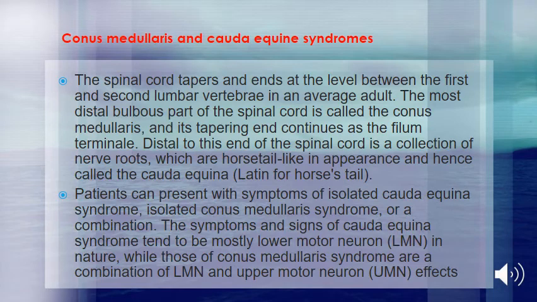A patient can present with signs and symptoms of isolated cauda equina syndrome, isolated conus medullaris syndrome, or a combination. You must know that the symptoms and signs of cauda equina syndrome tend to be mostly lower motor in nature, while those of conus medullaris syndrome are a combination of lower motor neuron and upper motor neuron lesion signs.